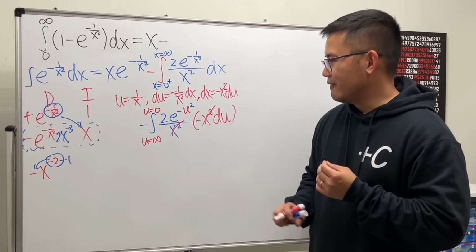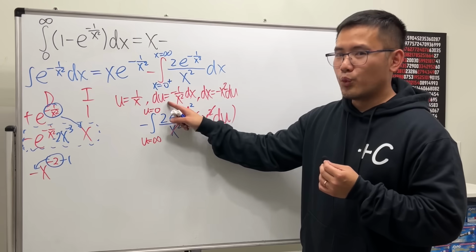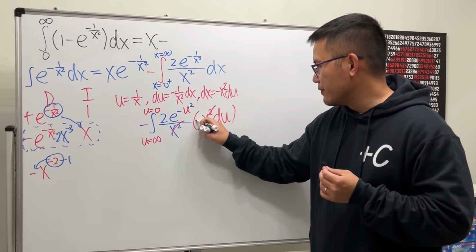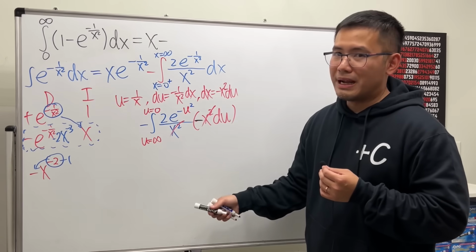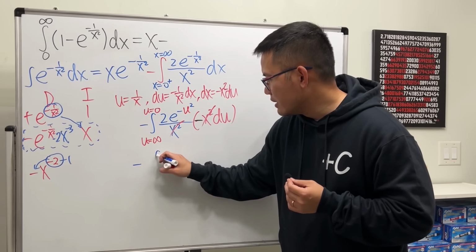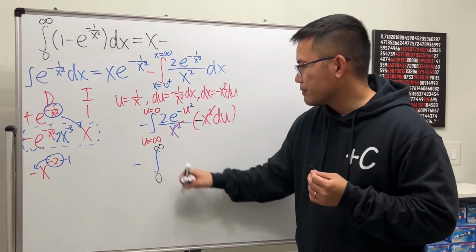Cancel, cancel, very nice. And as you can see, this is kind of out of order, but don't worry. I'm going to use this negative to change the order back. This negative stays, and then we have the integral, and it will go from 0 to infinity.